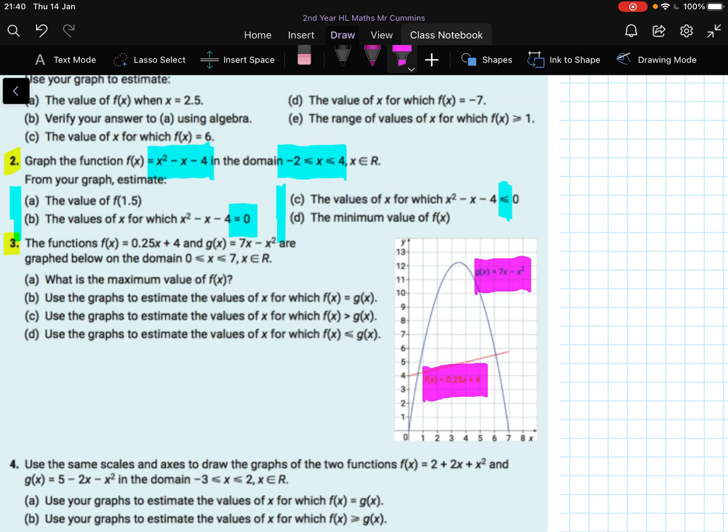They're going to ask us a couple of questions based on the graph they've given us. What is the maximum value of f of x? If we go back up to our domain, our top value is 7.